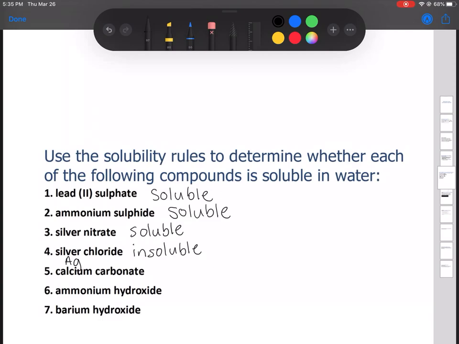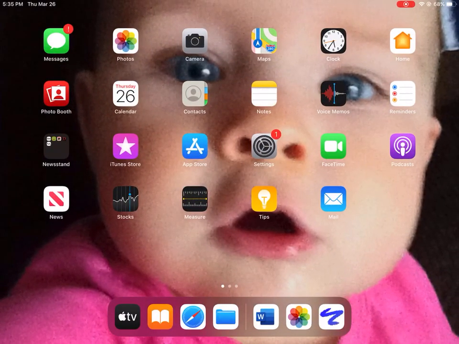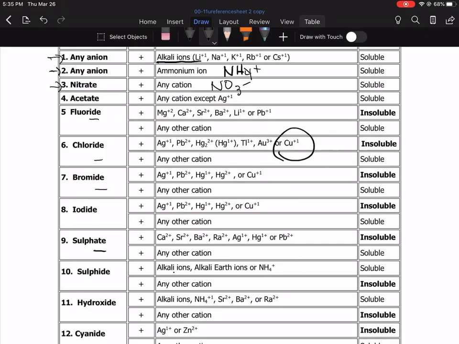Calcium carbonate. Carbonate is number 14, and it's got quite a list there. Carbonates in general are very insoluble, like chalk, calcium carbonate, for example. You can see there, if you go Mg and Ca, oh, there it is. Ca is calcium. It is insoluble. So again, we'll go over that one more time.